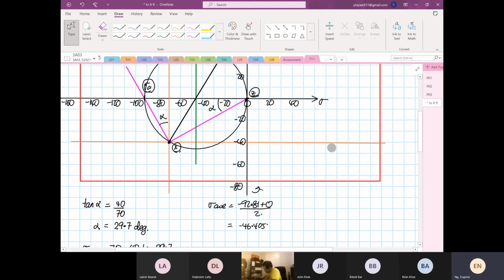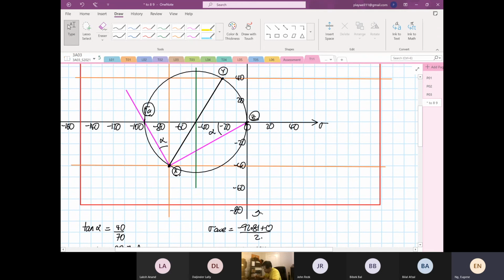But I'll tell you what. Let's calculate what is stress Y. We know that this is alpha. At the center of the circle, this is our 2 alpha, and over here this is also our 2 alpha, because these are the radii of the circle.